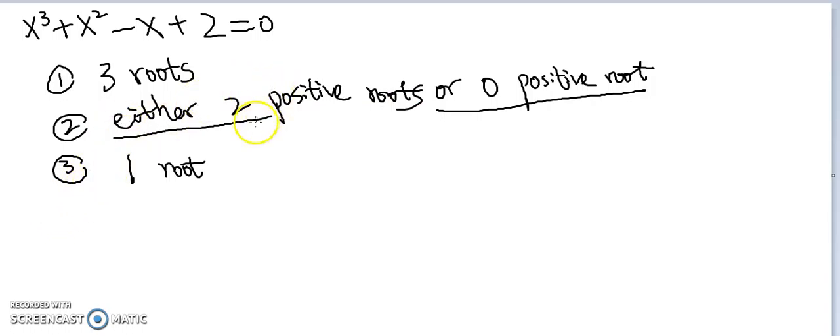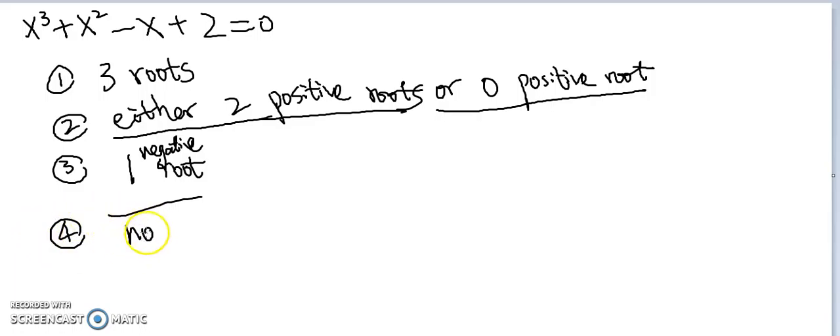If the equation has 2 positive roots and 1 negative root, altogether you have 3 roots. That's all, and there will be no imaginary root at all. So I'm going to write down the conclusion for imaginary: no imaginary root.